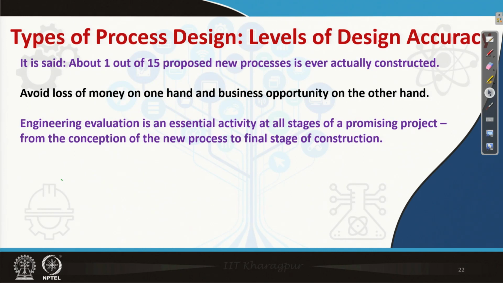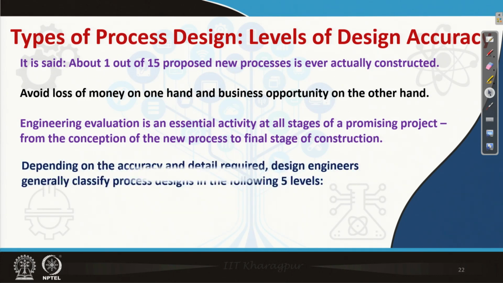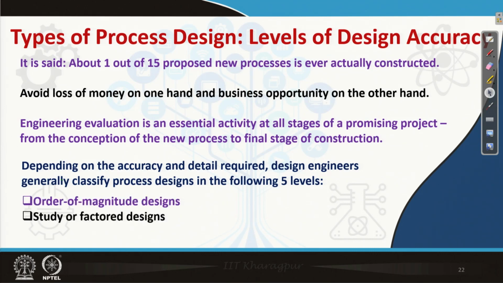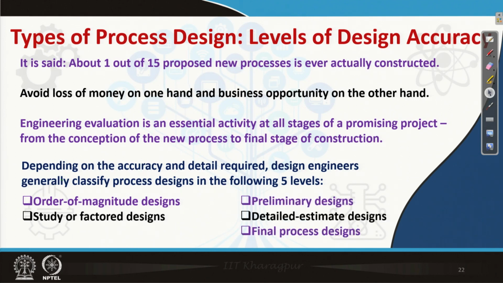Engineering evaluation is an essential activity at all stages of a promising project, from the conception of the new process to final stage of construction. Depending on the accuracy and detail required, design engineers generally classify process designs in the following 5 levels: order of magnitude designs, study or factor designs, preliminary designs, detailed estimate designs, and final process designs.